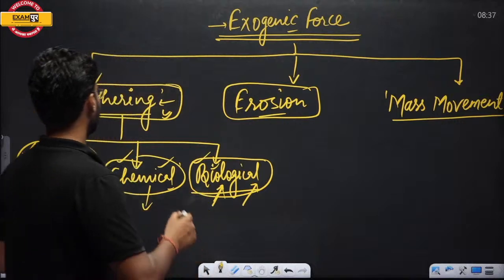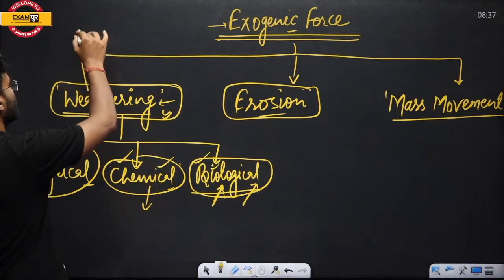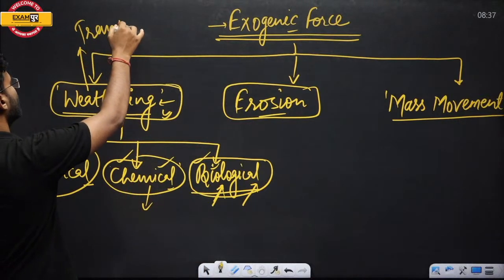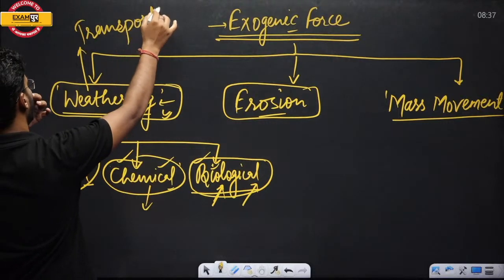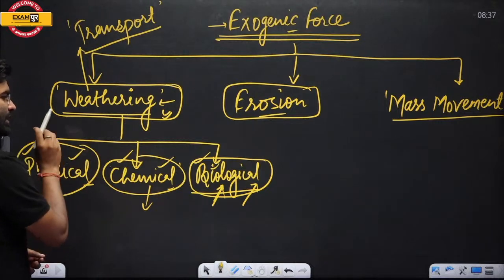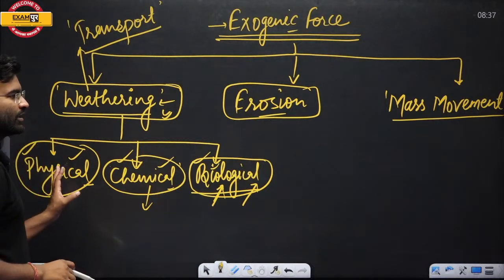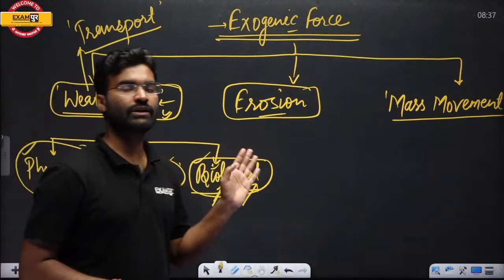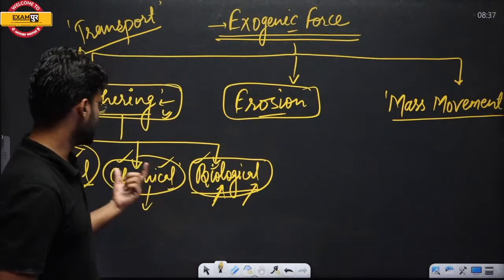So in weathering, there is no transportation of the rock system. If the rock is broken, then the rock remains situated at that particular region. There is no locomotion.